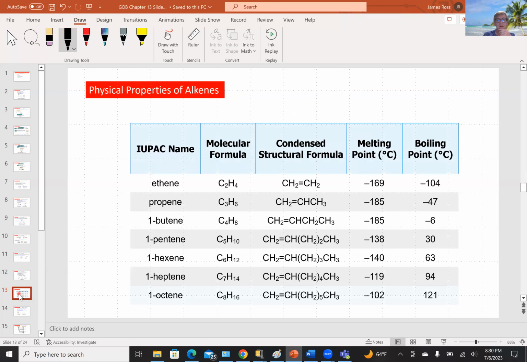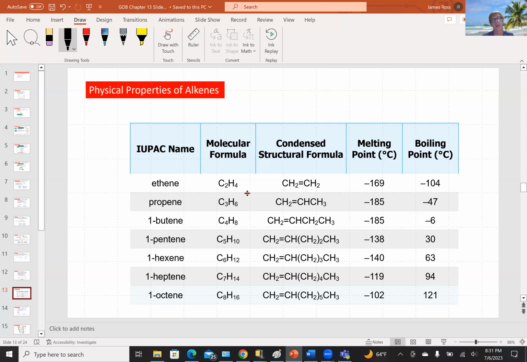Okay, let's start to look at some physical properties of alkenes. Again, if we go down, we've got ethene, which is 2 carbons, propene, 3 carbons, 1-butene, 4 carbons, 1-pentene, 5 carbons, 1-hexene, 6 carbons, 1-heptene, 7 carbons, etc. If you cast your mind back to the similar table for alkanes, we saw that the only intermolecular force in an alkane is a London dispersion force, and it's proportional to the number of electrons.